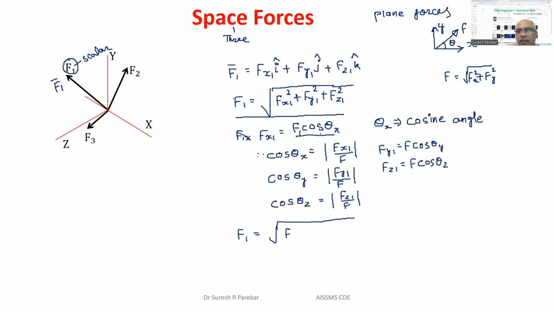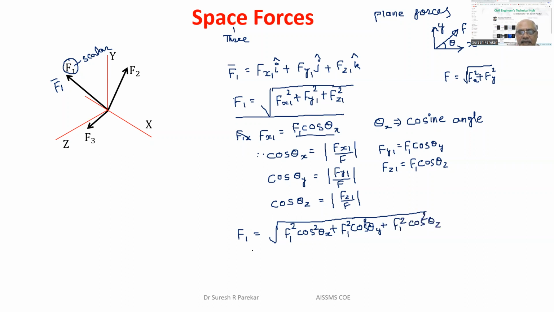F1 we have to mention here because we are considering F1. So we have F1 square cos square theta x plus F1 square cos square theta y plus F1 square cos square theta z.